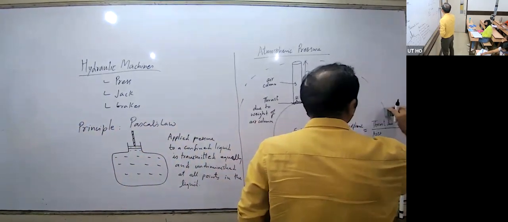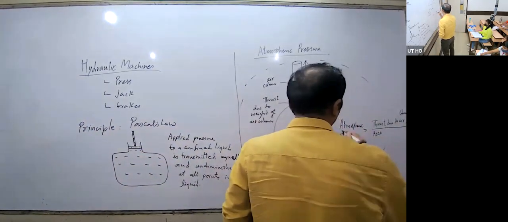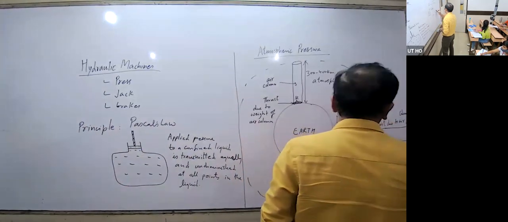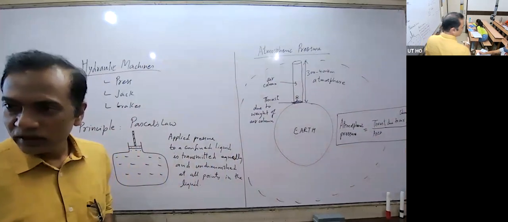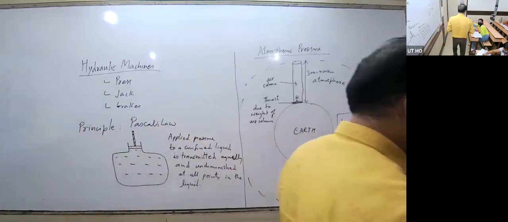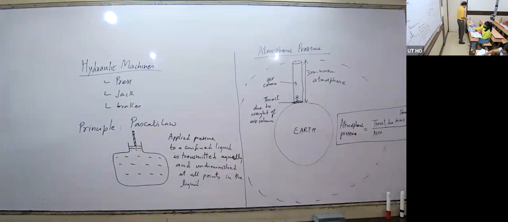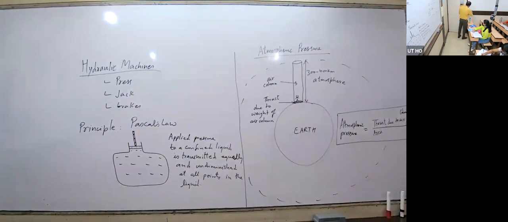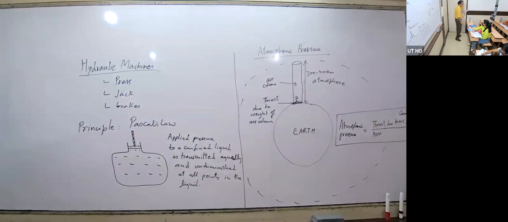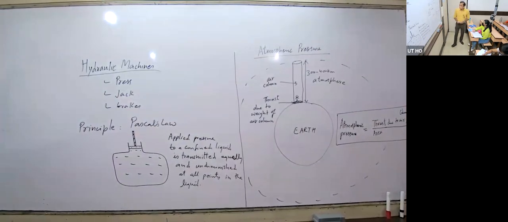Is it understood by everybody? Atmospheric pressure is thrust due to air column per unit area.